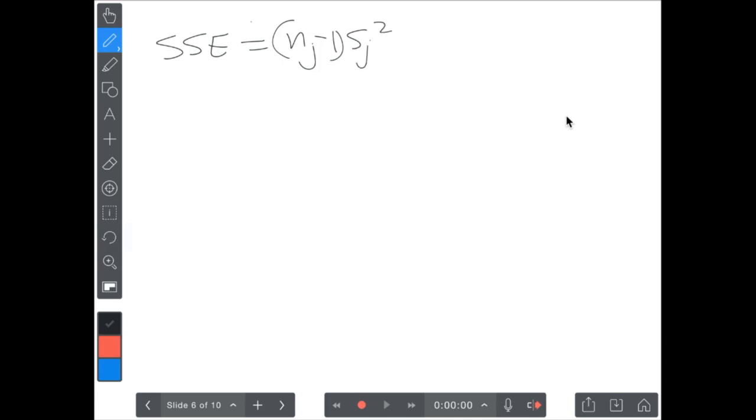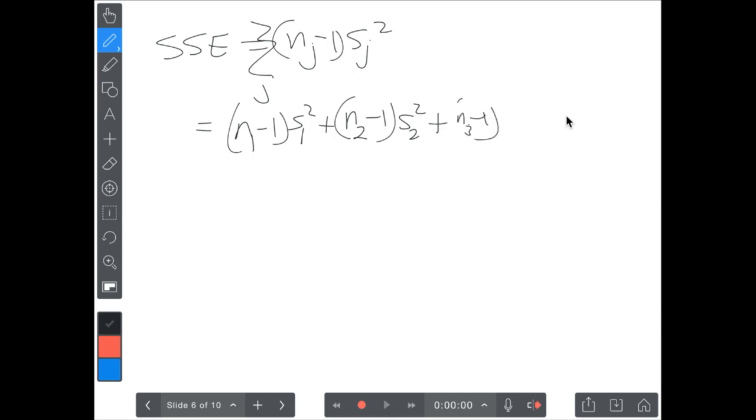So in our case, it would be N1 minus 1 times S1 squared, plus N2 minus 1 times S2 squared, plus N3 minus 1 times S3 squared. All right?